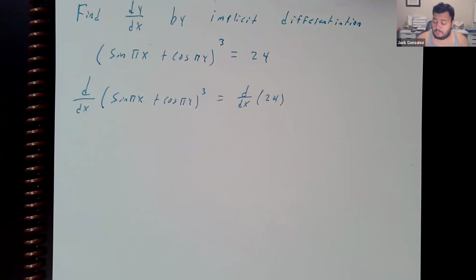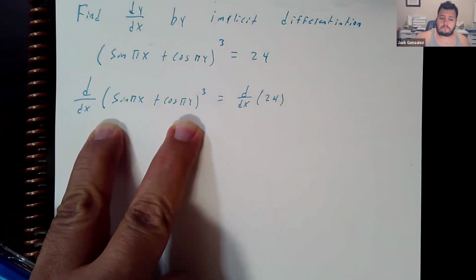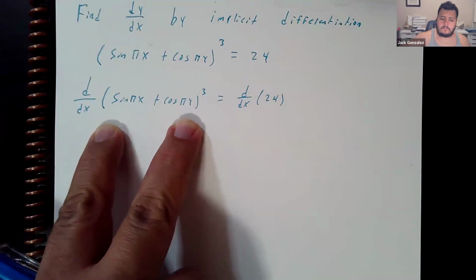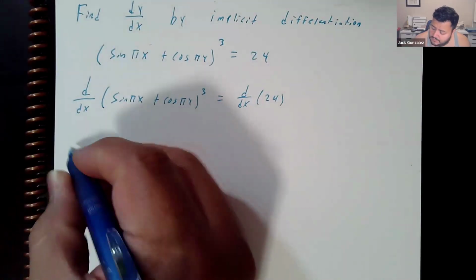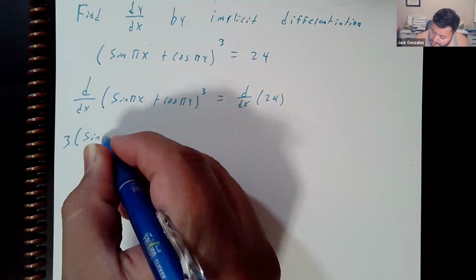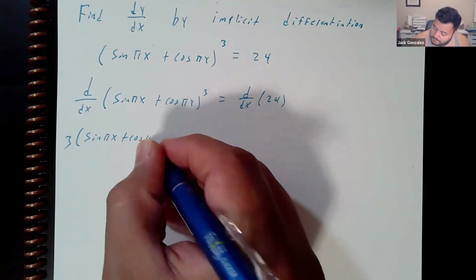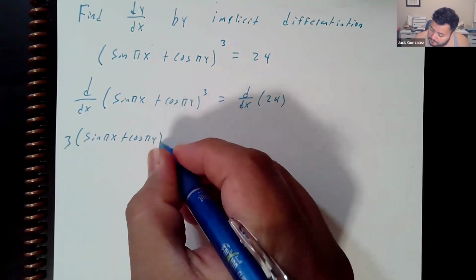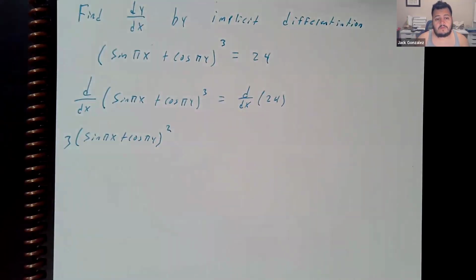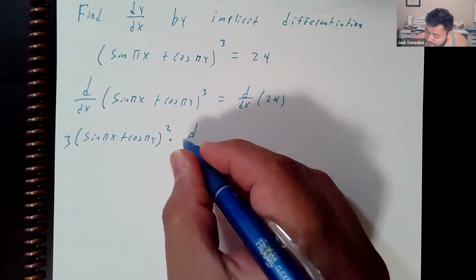So the outside derivative: you bring down the 3, don't mess with the inside, subtract 1 from the power, times the derivative of the inside part.